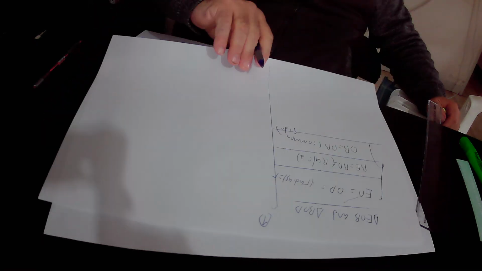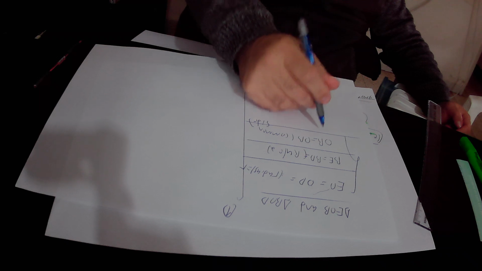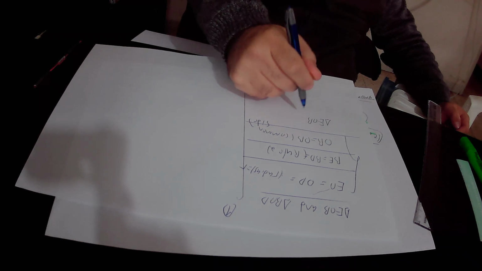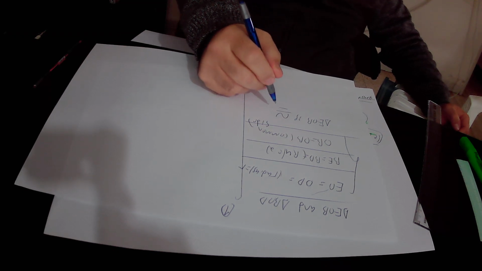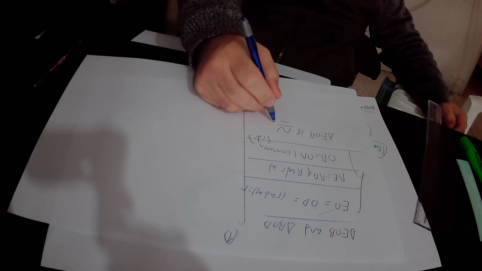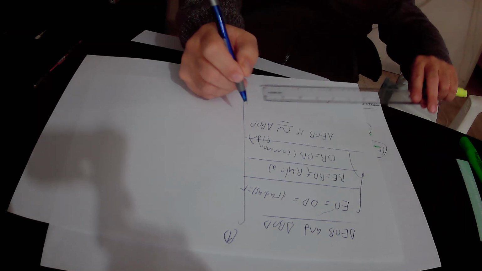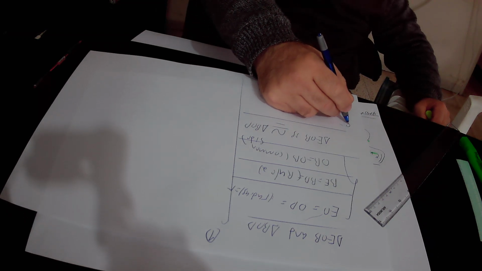So I write it down: the green right triangle EOB is congruent, this is the sign of congruent, to the yellow right triangle BOD. They are congruent to each other according to the side rule.